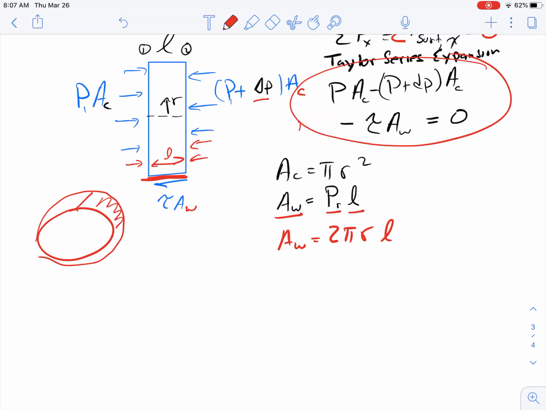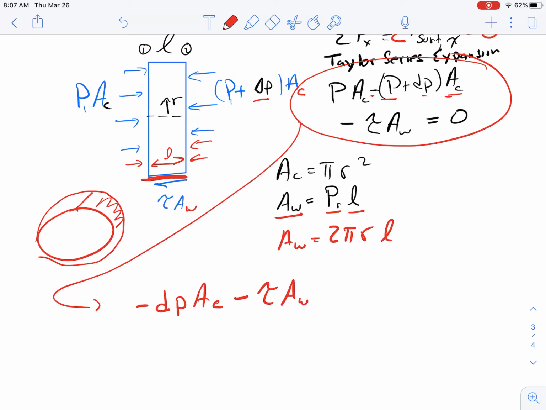Again, this is done with a Taylor series expansion, just like last class. And we see that we have the pressure times the cross-sectional area minus the pressure times the cross-sectional area, so those cancel out, but we're left with a minus dP times the cross-sectional area, minus the shear stress times the area that the shear stress is acting over, which is now going to be the wall area, which, if you recall, the wall area is our perimeter times the length of that element.